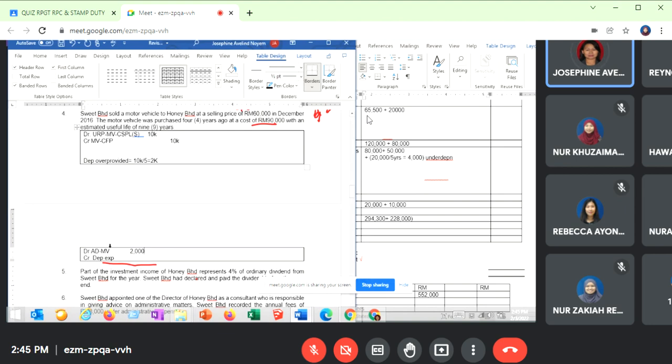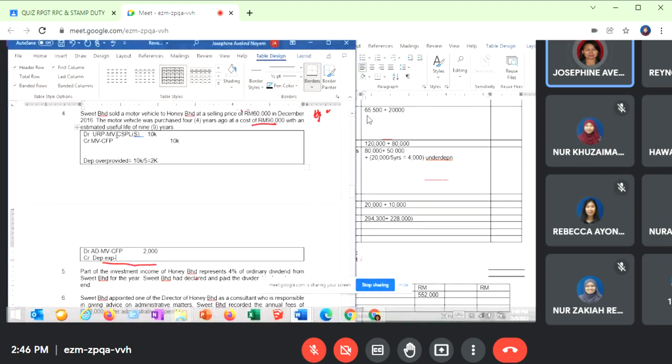Okay, so this will go to the consolidated statement of financial position. And as for the depreciation expense, you must remember, for intercompany sale of vehicle, as the asset of the buyer is depreciated, a portion of this profit becomes realized to the seller.